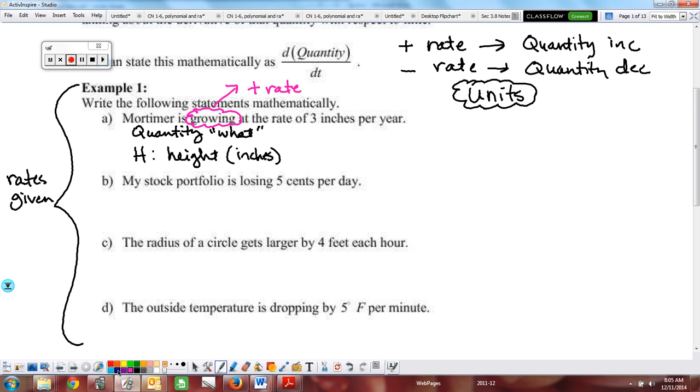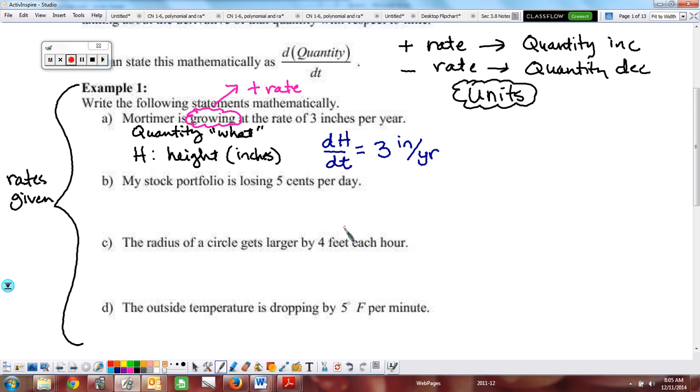And since we are doing a rate, we need to name it so that we know what we're talking about. And since the height is changing with respect to time, we're basically being given dh dt, because the height is changing with respect to time, your rate of change. So you identify what derivative you know, we identify that it is positive, and then we write down our amount with our units, inches per year.